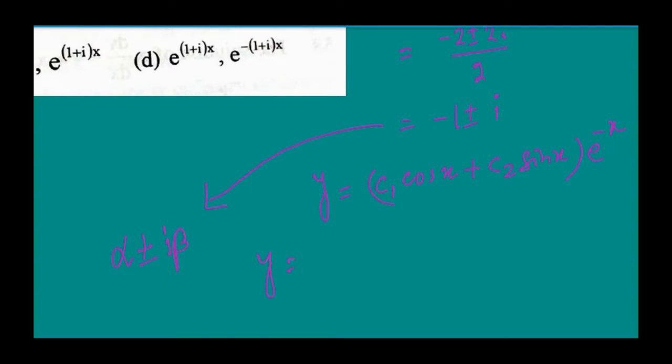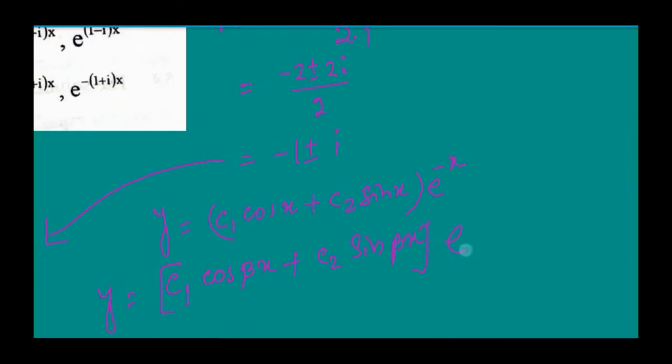Y will be equal to (c1 cos beta x plus c2 sin beta x) whole into e to the power alpha x.